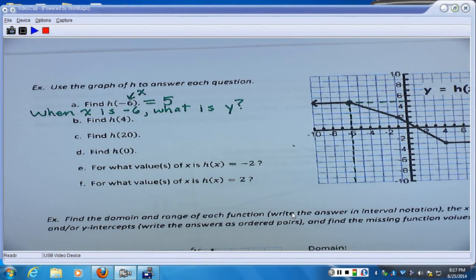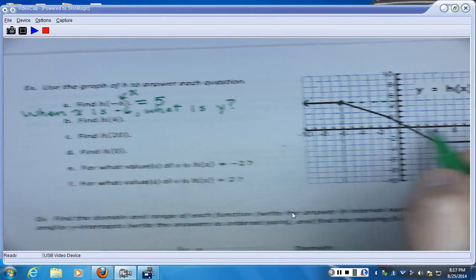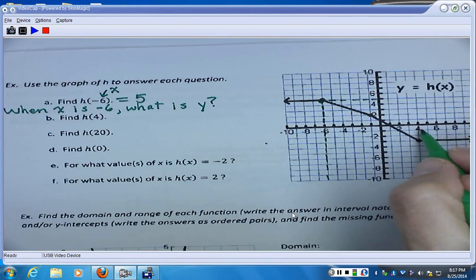So find h of 4 then. Can you find h of 4? -3. Correct. Very good. So here's 4 for x. You go down, it's -3.